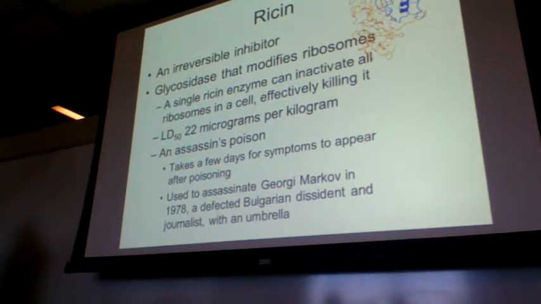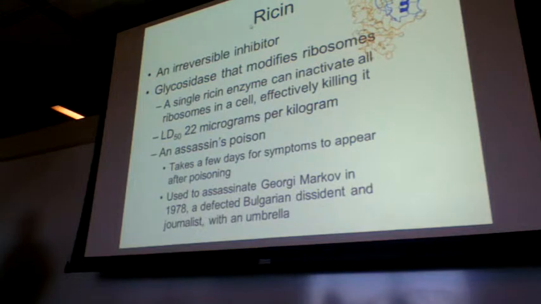He was just walking along the street in London at the time, and someone poked him in the back of the foot with an umbrella that was just sharp enough to graze the skin. It injected some of the ricin, and two days later he died. It takes a little while for that to affect all your cells. But it's irreversible. It covalently modifies your ribosome. It's also in Breaking Bad.